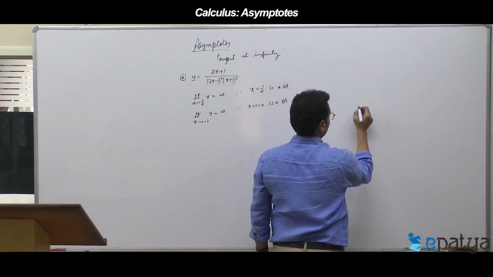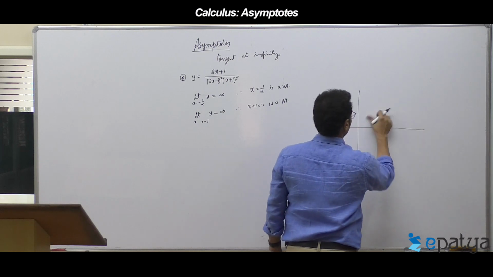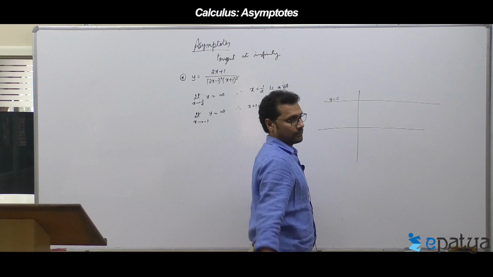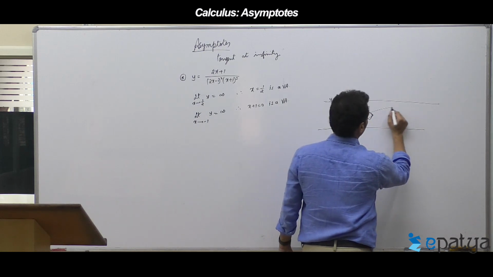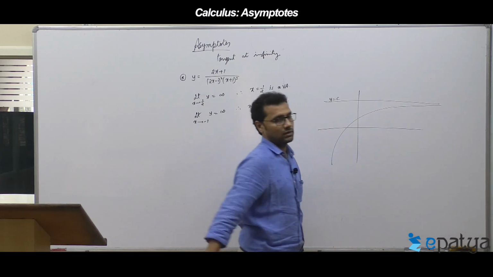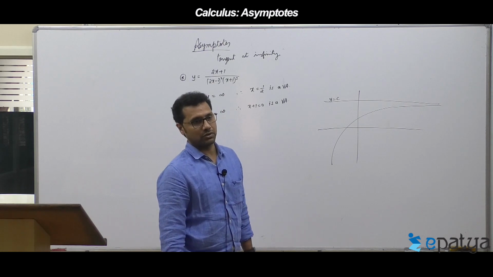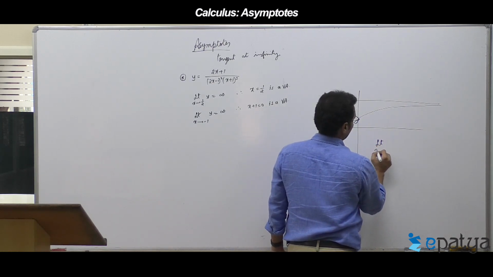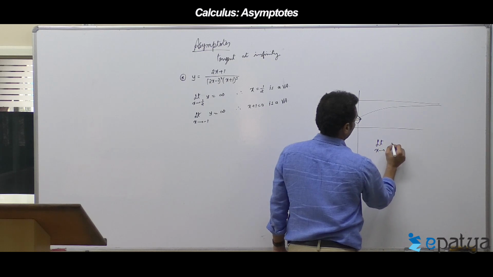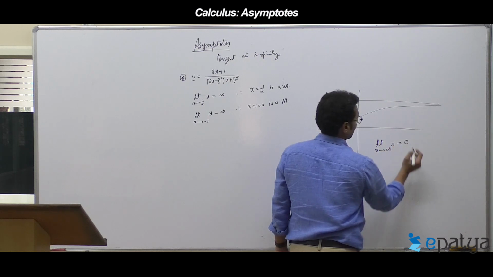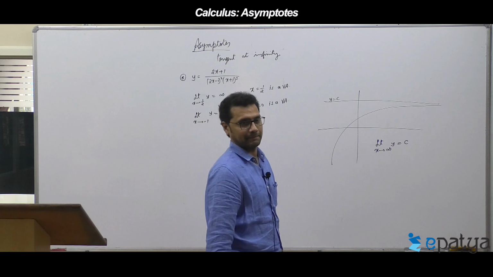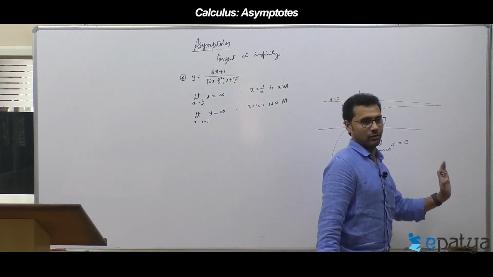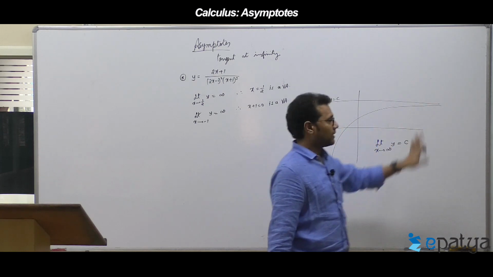See, horizontal asymptotes. Suppose y equal to c is a horizontal asymptote. Then obviously somewhere or other I have a curve which goes like this. Now what happens as limit x tends to infinity? y is going towards c.